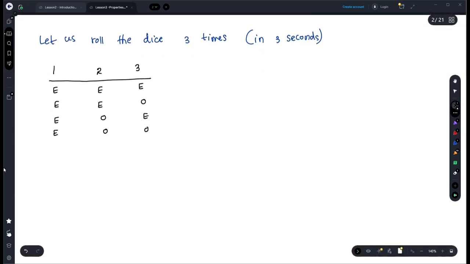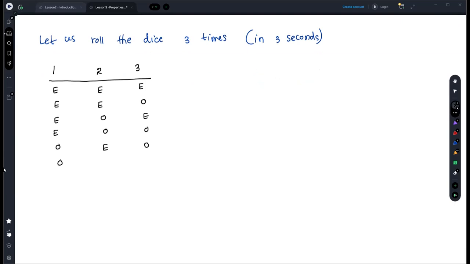Right? So likewise, can you fill it? Then you can have odd, even, odd, odd, odd.